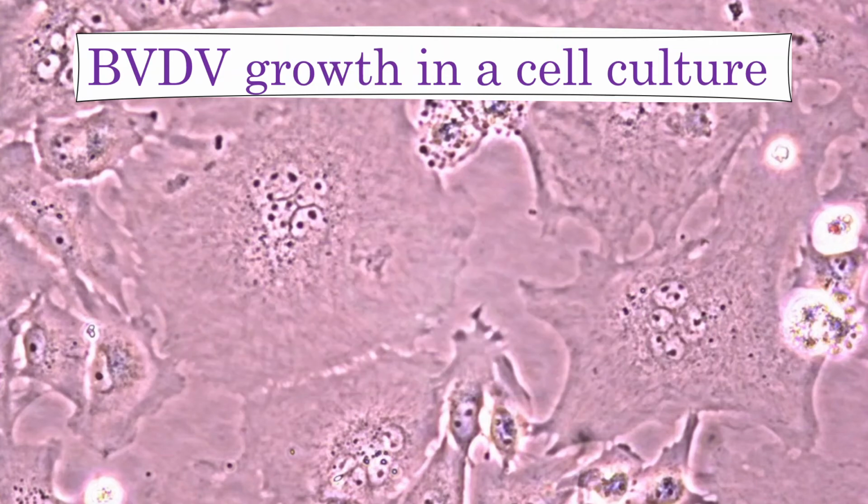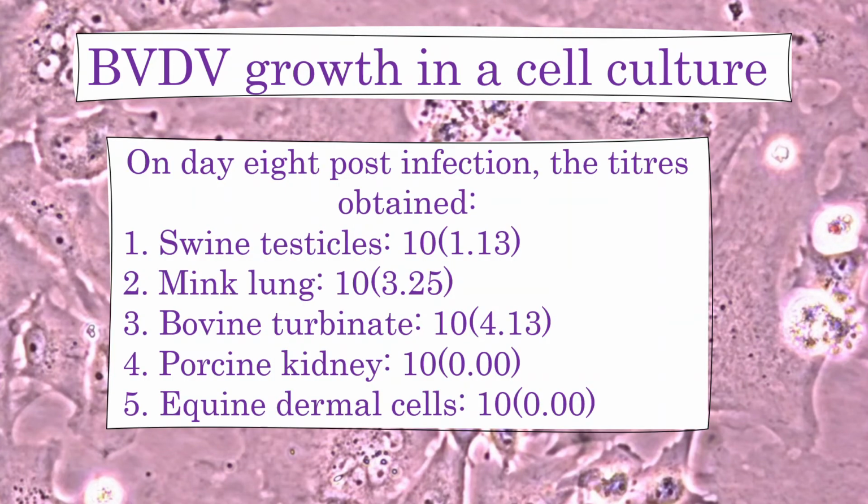From this, one can conclude that BVDV grows more easily in some cells and does not grow at all in some cell cultures where certain cells are used. Example, porcine kidney and equine dermal cells.